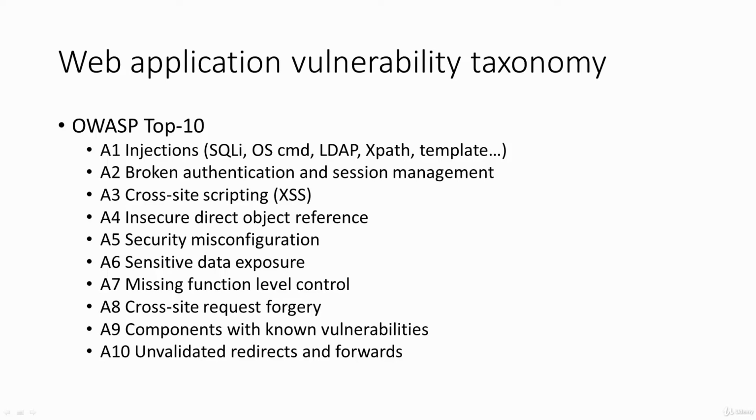The sixth category, sensitive data exposure. This can be exploited in many different ways, starting from too descriptive error messages that disclose absolute paths to application installation or configuration files, to, for example, just leaking some data from memory, just like Heartbleed, for example.